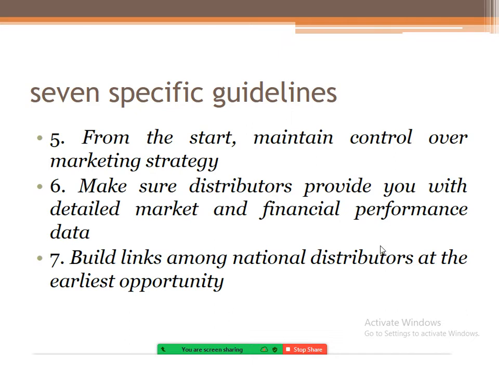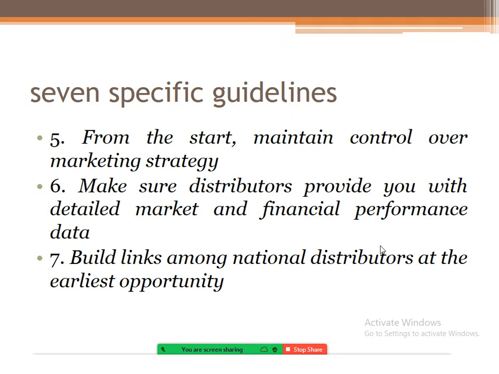Now, sixth is make sure distributors provide you the detailed market and financial performance data. The distributor or the distribution organizers are often a company's best source, maybe the only source, of the market information: what exactly the feedback of customers and retailers is, whether your products are getting sold or not, and at what frequency the demand is there.